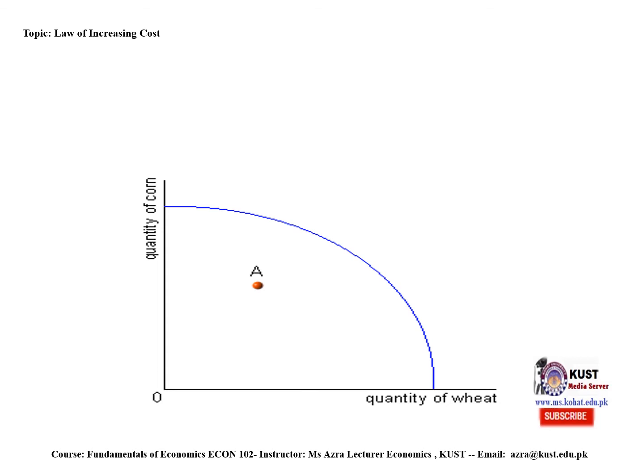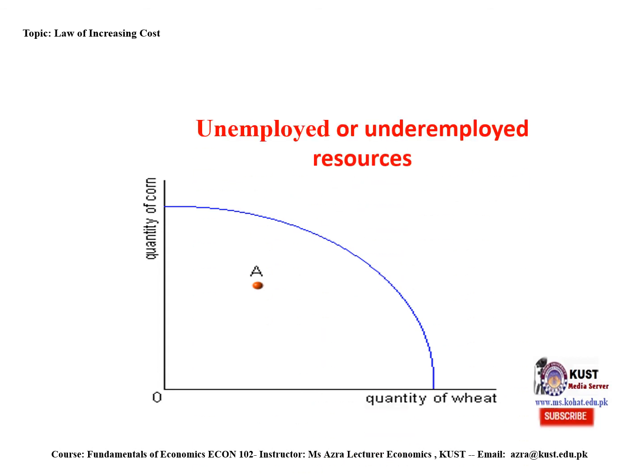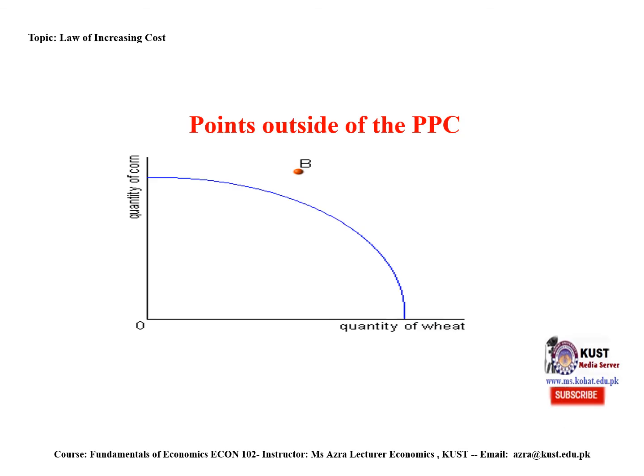Here is the point A. What does point A show? It is under the production possibility curve. Underemployed or unemployed resources.